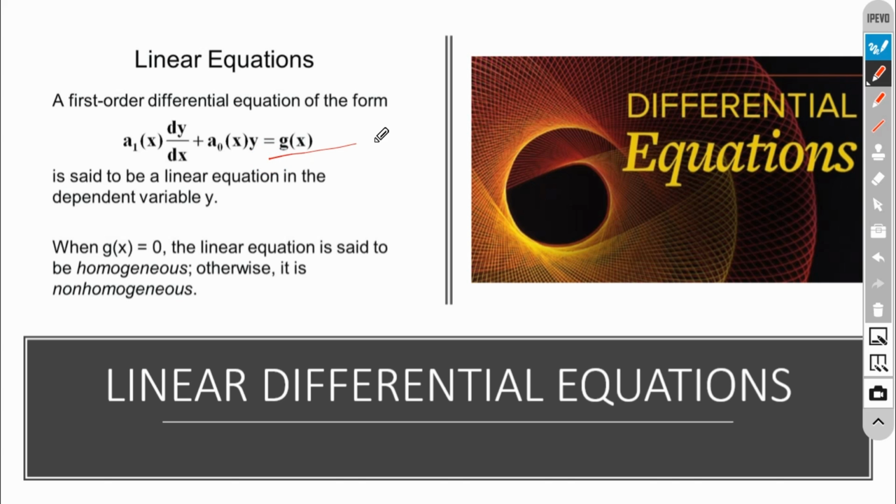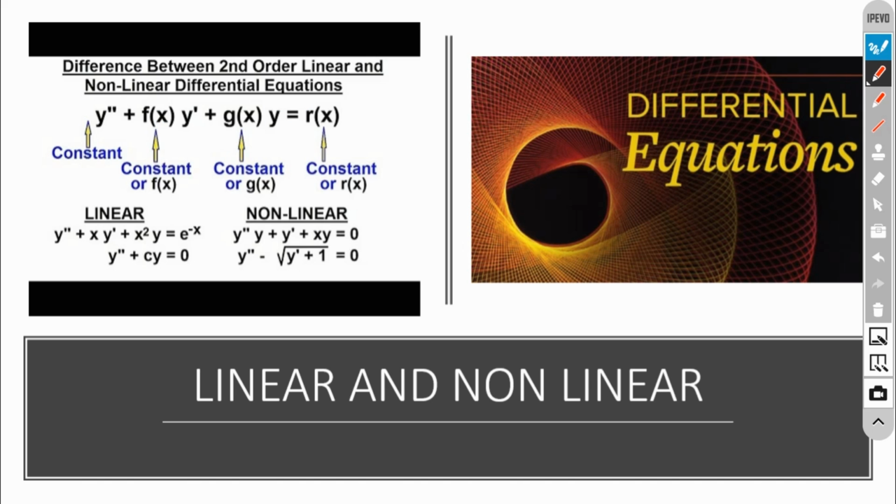Here dy by dx is multiplied by a function of x, y is also multiplied by a function of x, and the right hand side is a pure function of x. If it is of this form, then it is a linear differential equation.